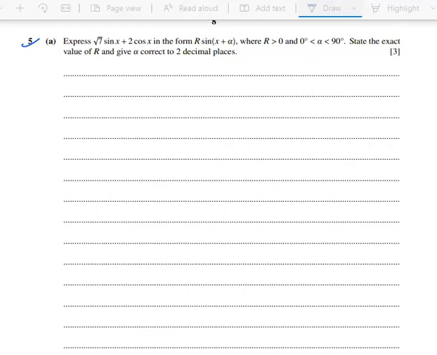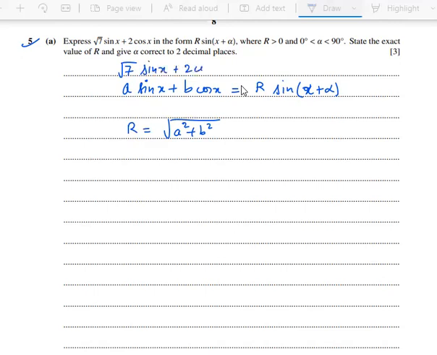So students, first of all, I should know that a sine x plus b cos x is nothing but r times sine of x plus alpha, where r is under root a square plus b square.